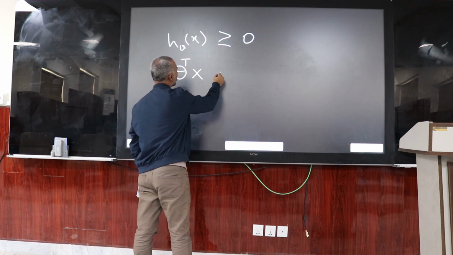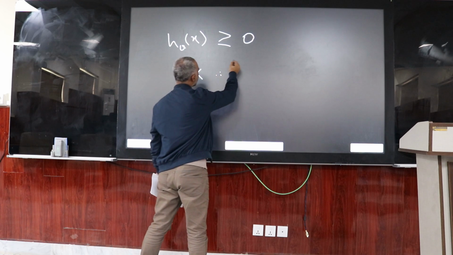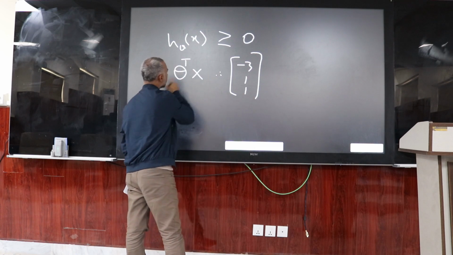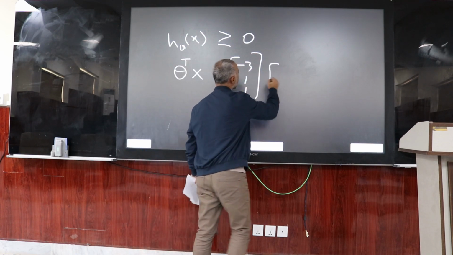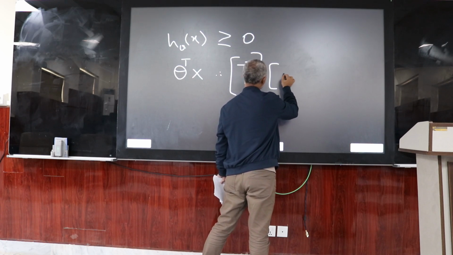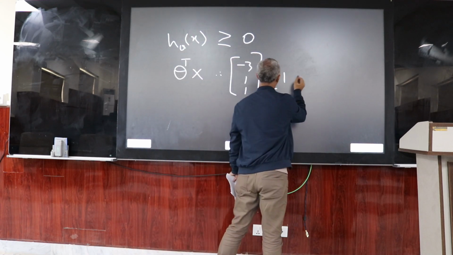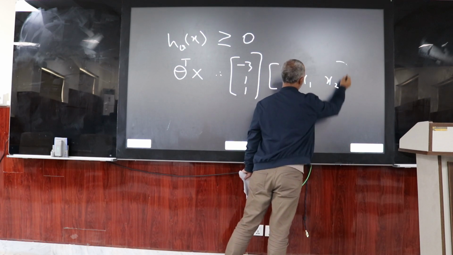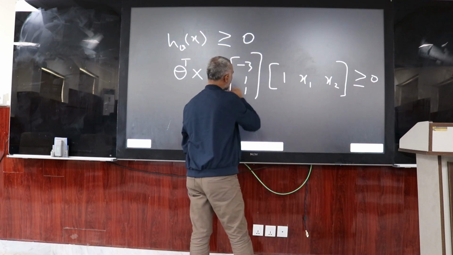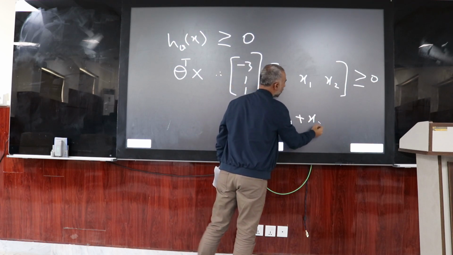In this case theta is -3, 1, 1, as I mentioned a moment ago, and x naught you can just say is 1. X naught is the bias value, then x1, x2, greater than 0 by this hypothesis. So the value here is -3 plus x1 plus x2.